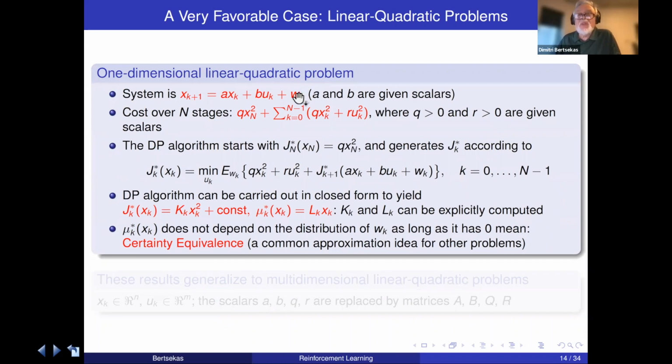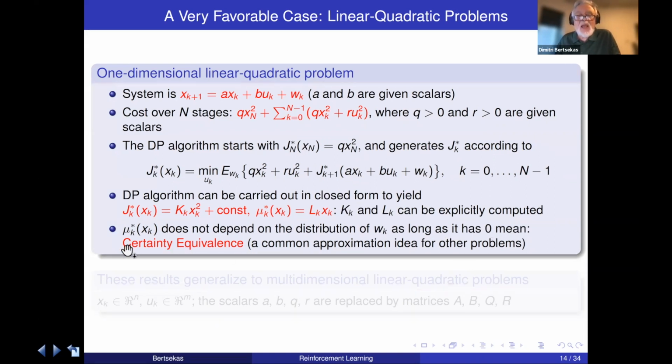I forgot to mention here that we assume that Wk has zero mean. Okay, if it has a non-zero mean, then a similar kind of calculation applies. And what is true is that the optimal policy does not depend on the distribution of W, just on its mean, which is zero in this particular case.